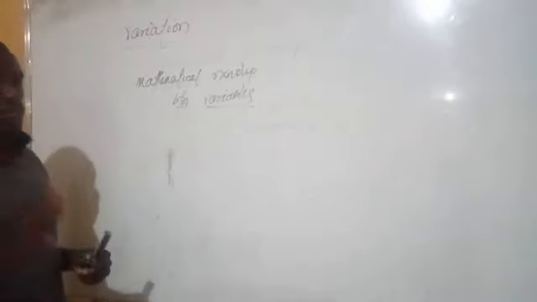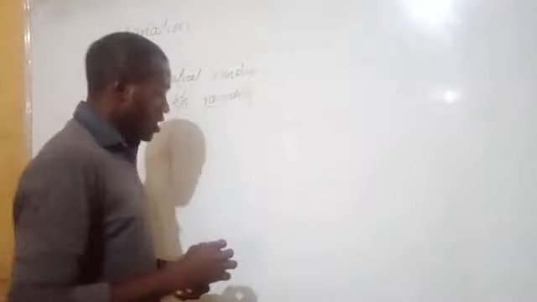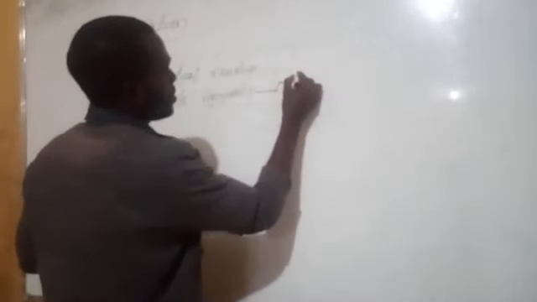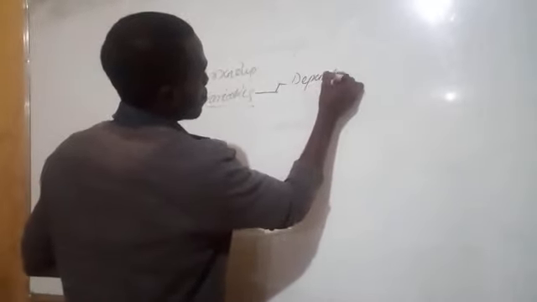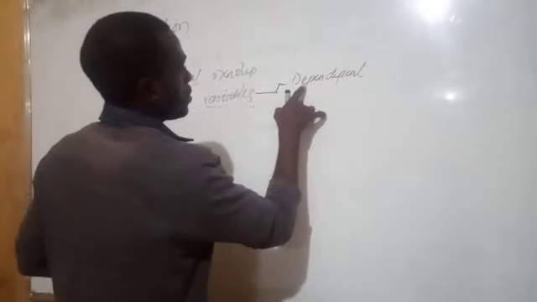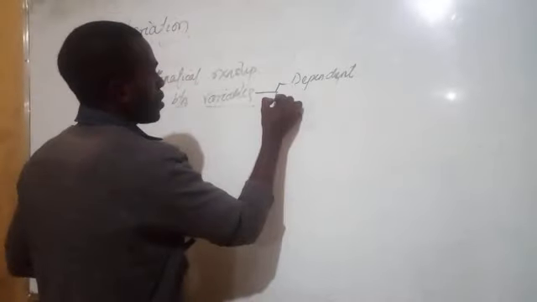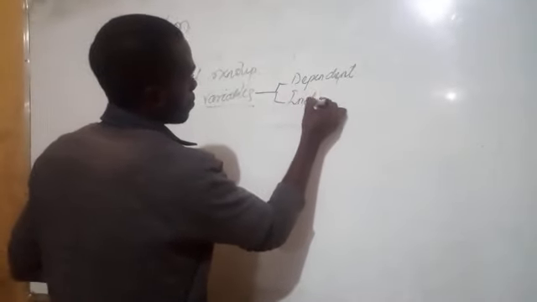Now, in mathematics, there are two sets of variables, and they are the dependent variable and the independent variable.